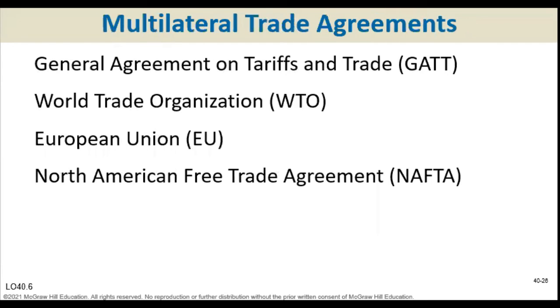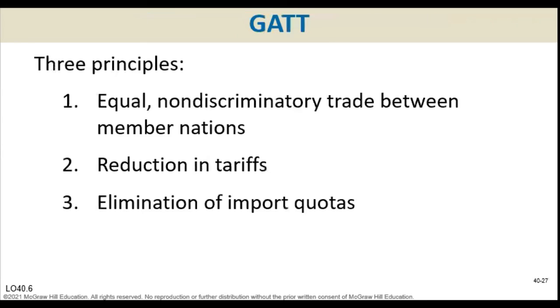So for the rest, we're just going to review some of the multilateral trade agreements. Let's start with the General Agreement on Tariffs and Trade, the GATT. And we also have the World Trade Organization, WTO, the European Union, EU, and the North American Free Trade Agreement, NAFTA.